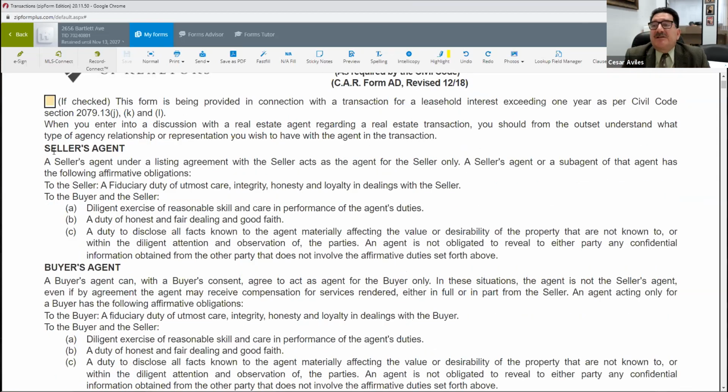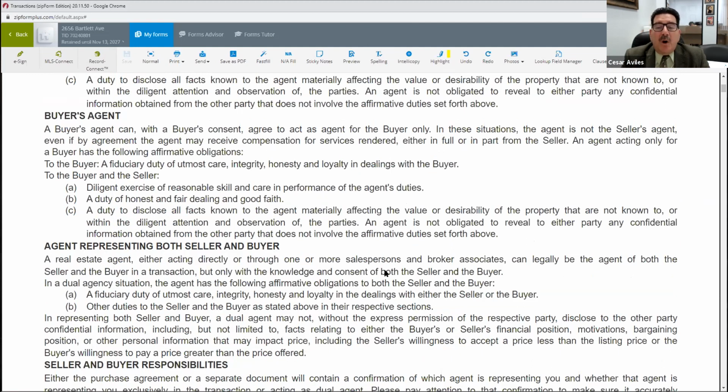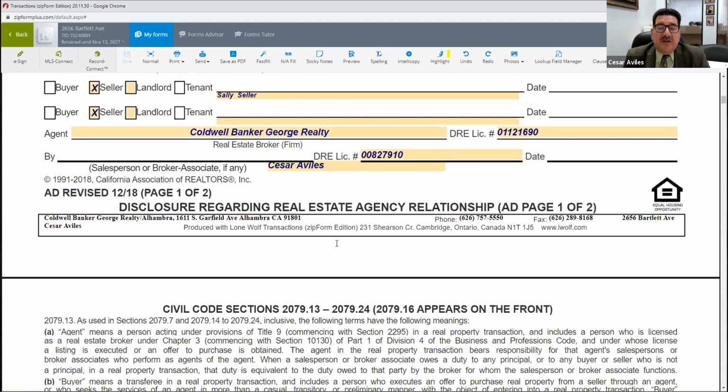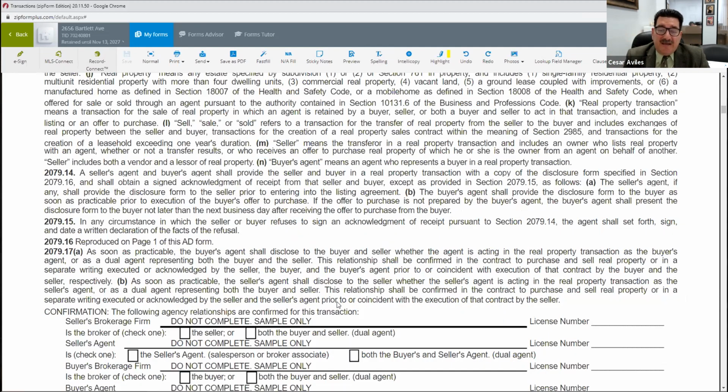You can be the seller's agent, you can be the buyer's agent, or you can be both. And in order to be both, you need to ask them, I am going to be both buyer and seller agent, so they have to give you the consent. So there is another form that goes into the transaction that is called consent.